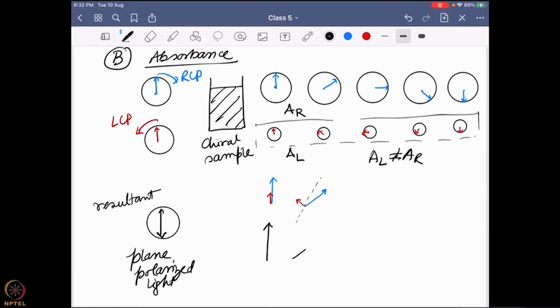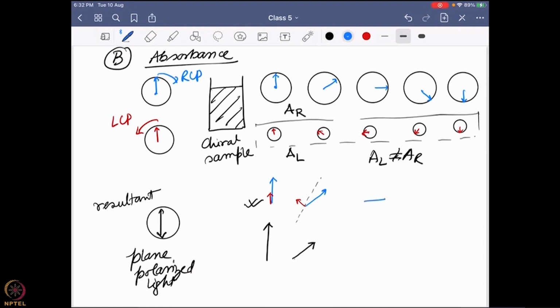Altogether it is going to be in the same direction, but its amplitude is going to be lower compared to the first case, because over there both of them were in the same direction, the blue right hand and the red left hand. But now they're in the opposite direction. That is why it is going to move towards the right hand circularly polarized light, because it has the higher amplitude.